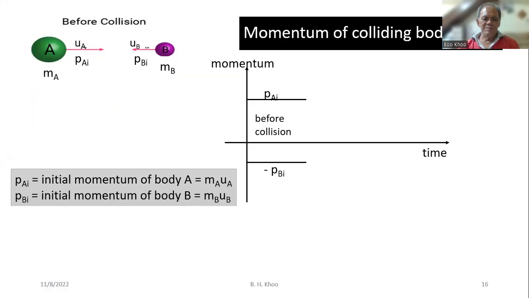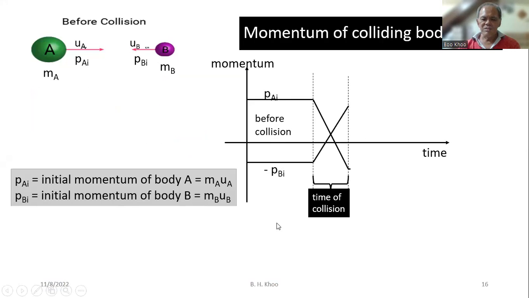Before collision, you should be able to write down the momentum: that's the momentum of A initially, and that's the momentum of B initially. B is negative, A is positive. Then they collide. This is the time of collision. Remember, that is the force.